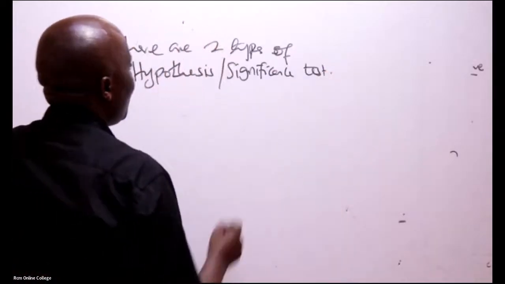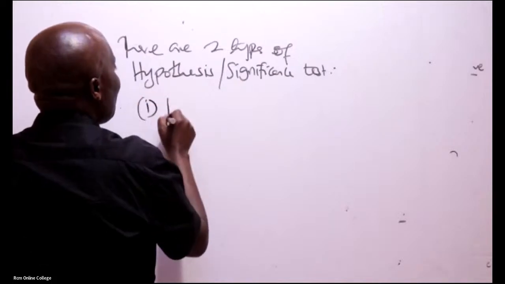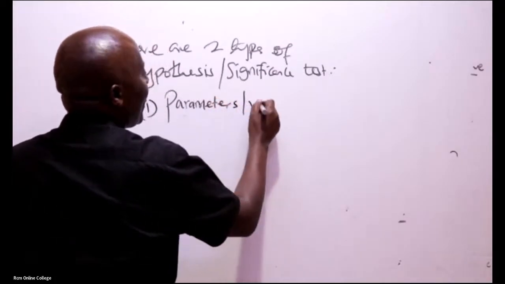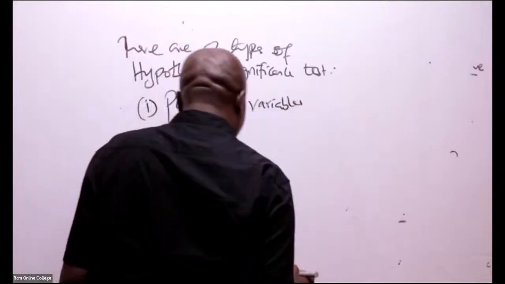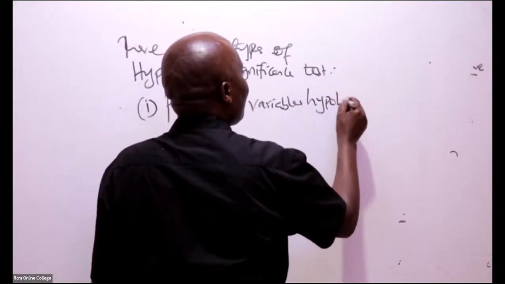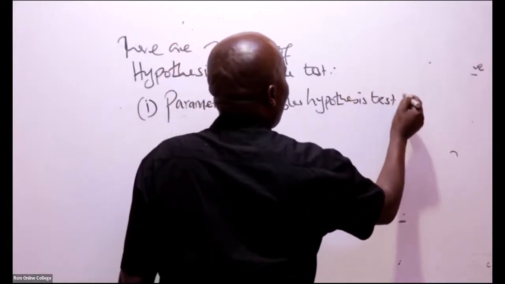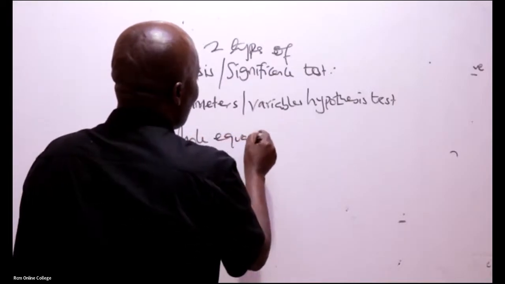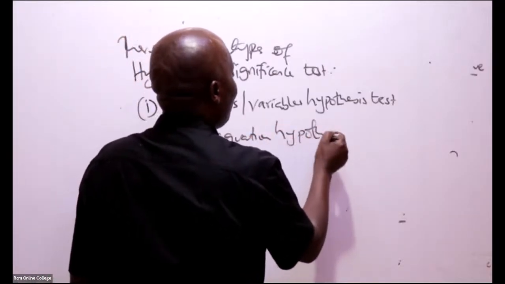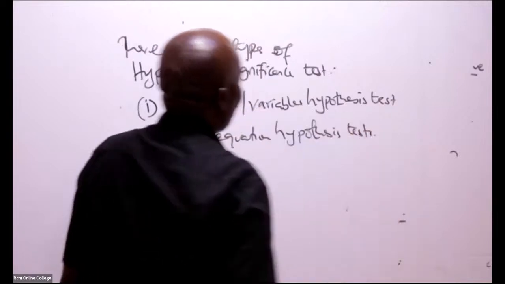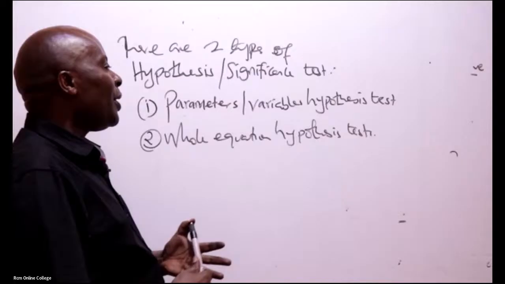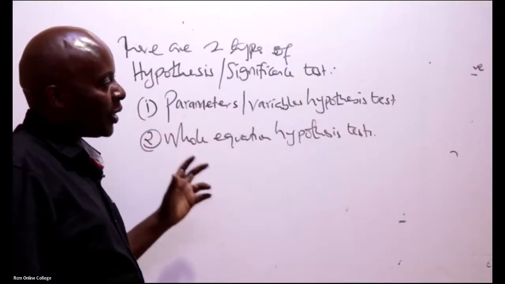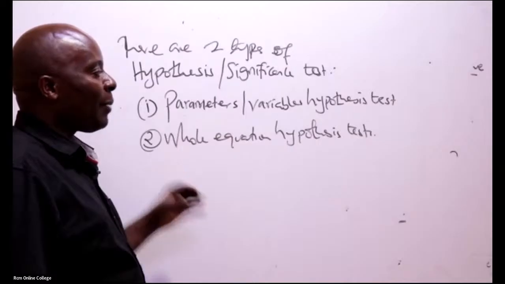Number 1, we have the parameters or variables hypothesis tests, and number 2, we have the whole equation hypothesis test. So we have 2 types of hypothesis tests: the individual parameters, or variables, hypothesis tests, and what we call the whole equation hypothesis test.